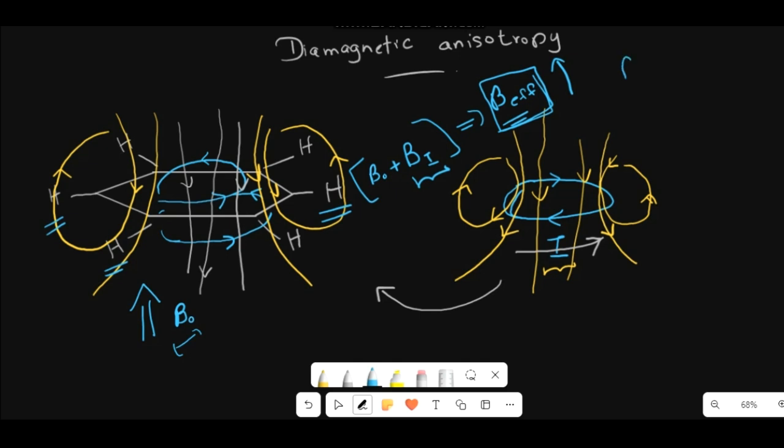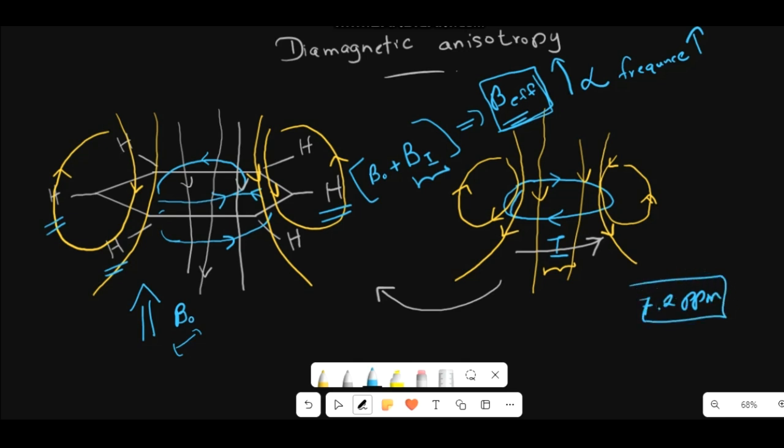So the frequency of our NMR is directly proportional to the magnetic field which is sensed by each hydrogen atom. So the frequency will be higher. Normally benzene gives a signal around 7.2 ppm, right?